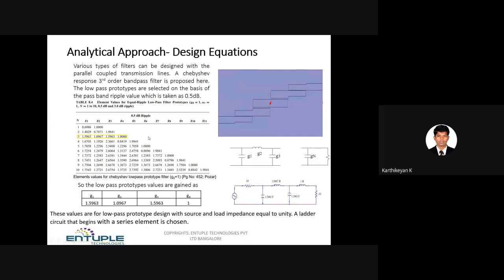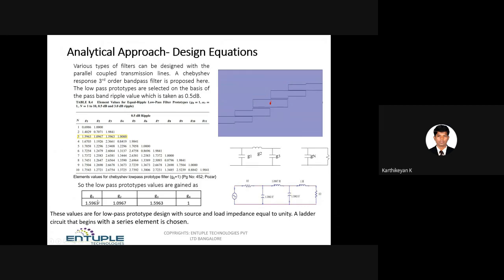Here the table is mainly for the Chebyshev filter. You can use the N number of low pass filter prototypes to connect and make it a band pass filter. For order 3, we are getting these 4 values.